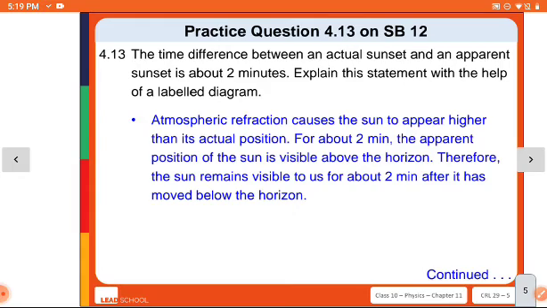Atmospheric refraction causes the sun to appear higher than its actual position for about 2 minutes. And the apparent position of the sun is visible above the horizon. Therefore, the sun remains visible to us for about 2 minutes after it has moved below the horizon.